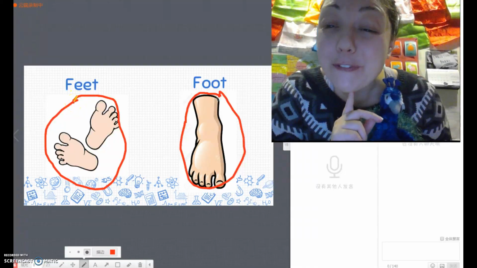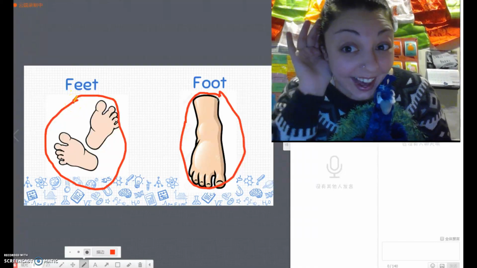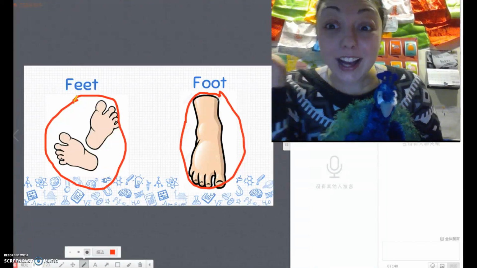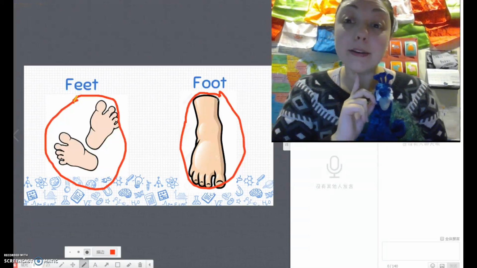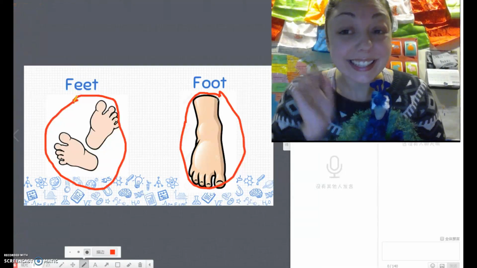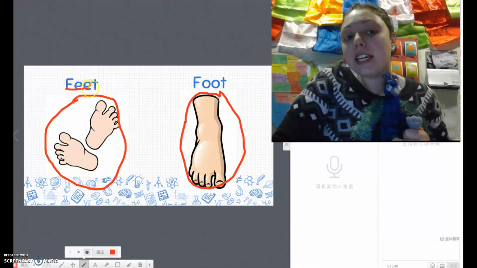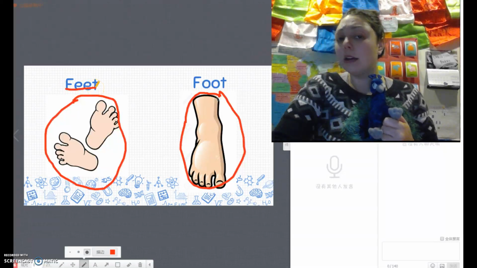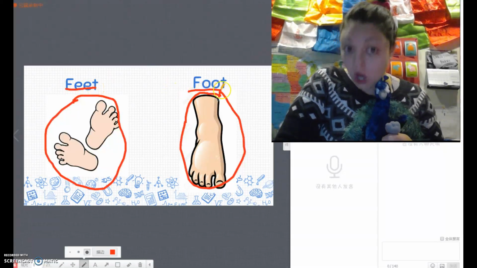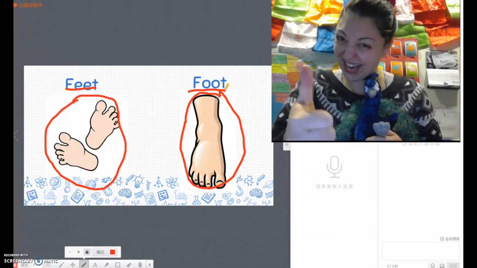Can you say feet? Good. One more time. Feet. Yeah. 2 feet. 1 foot. Good.